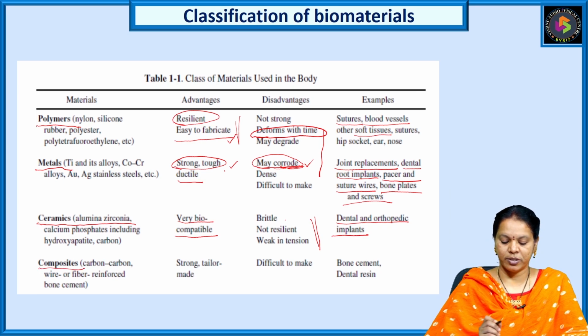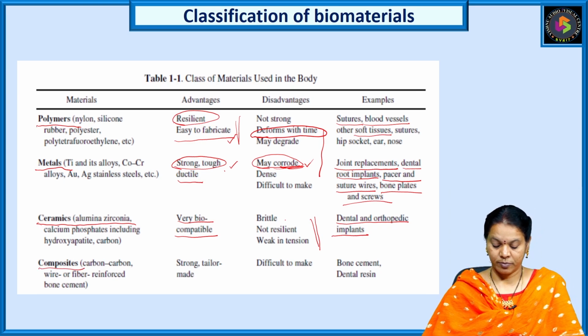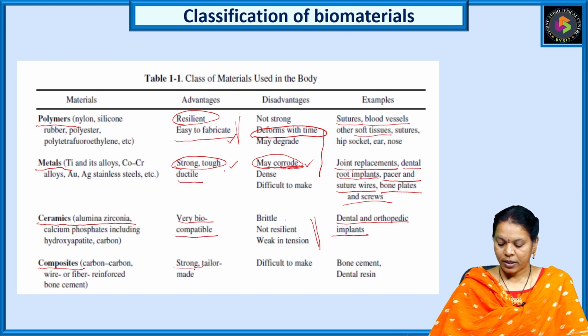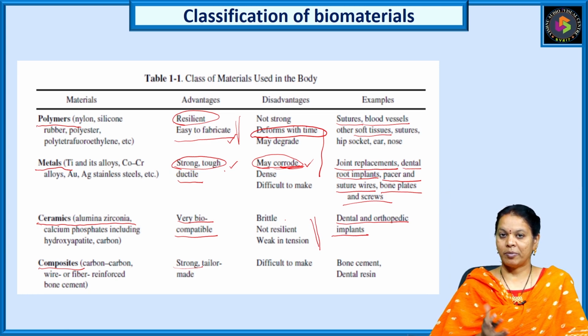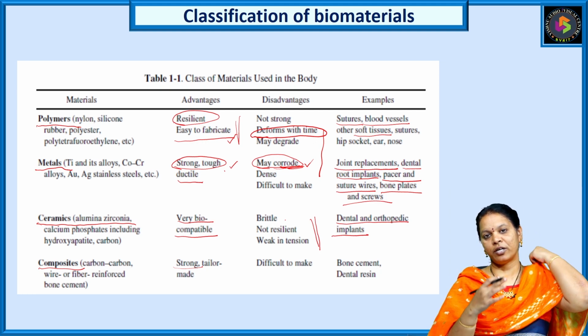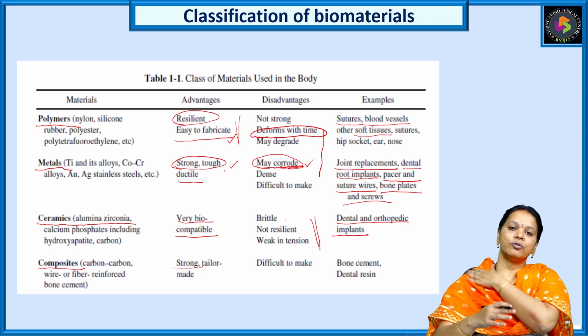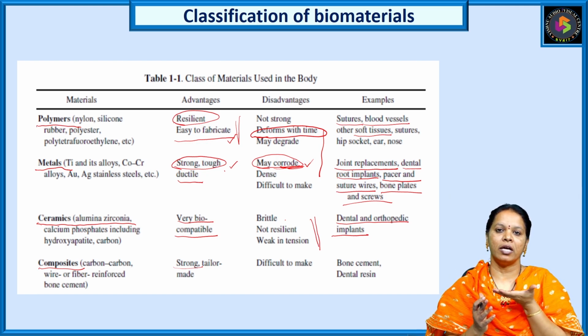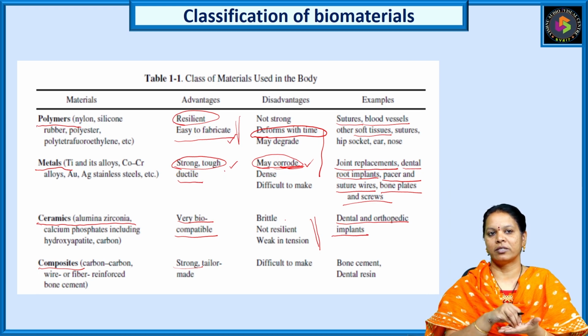Now coming to composites. Composites are also engineered materials, but their ability to be strong depends completely on the fabrication technology. How you fabricate is an altogether different composition, wherein we use two different materials and merge them, with a reinforcement material and a matrix material.